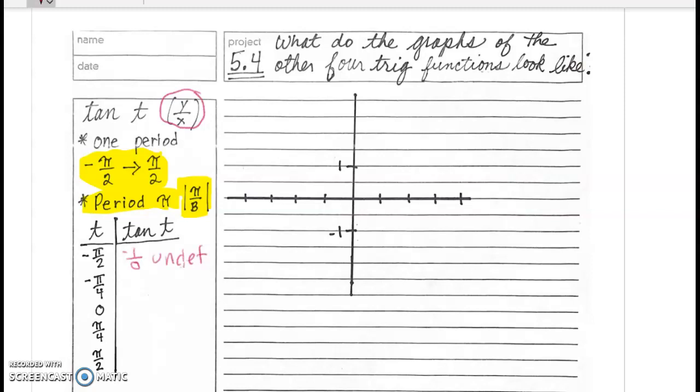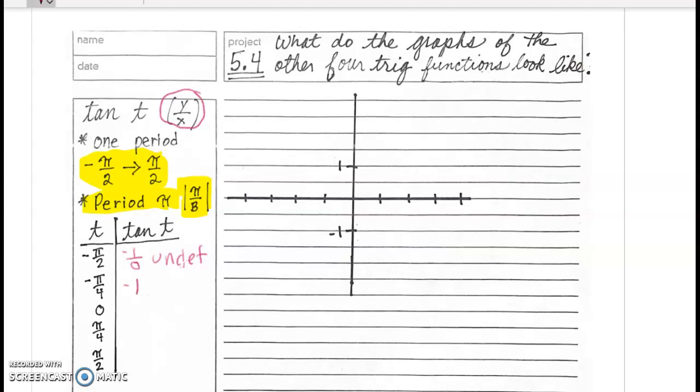Let's go to negative pi over 4 on our unit circle. So that means we would be at 7 pi over 4. And we see that our y is negative square root of 2 over 2, and our x is square root of 2 over 2. If we divide those two, we just end up with negative 1. At 0, our coordinates are 1, 0.